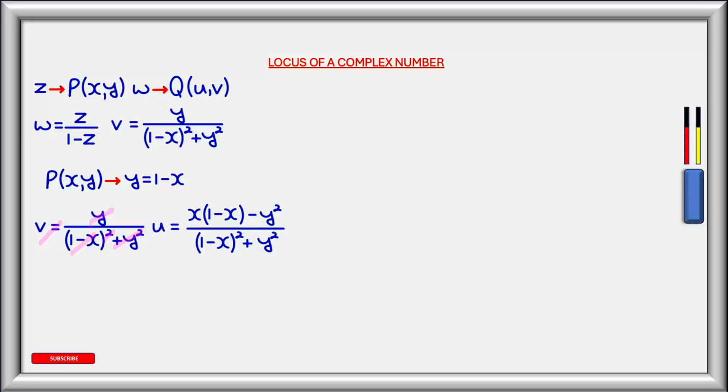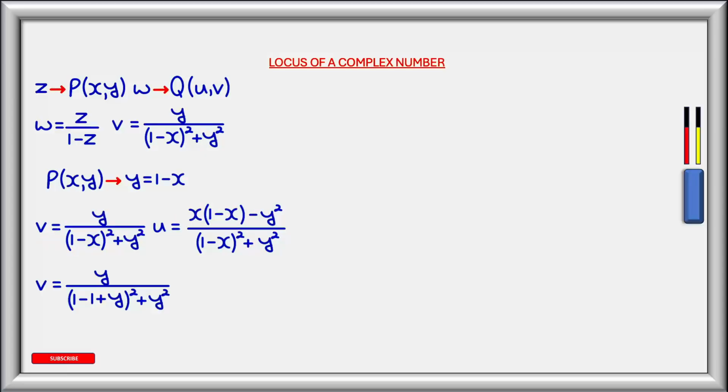And if we had compared the real parts, we would have found that u was equal to x into the bracket of 1 minus x minus y squared divided by (1 minus x) all squared plus y squared. And in the second part of the question, we know that y is equal to 1 minus x.